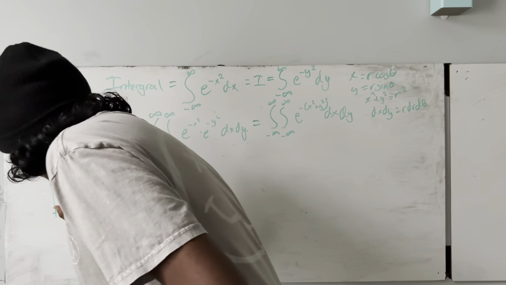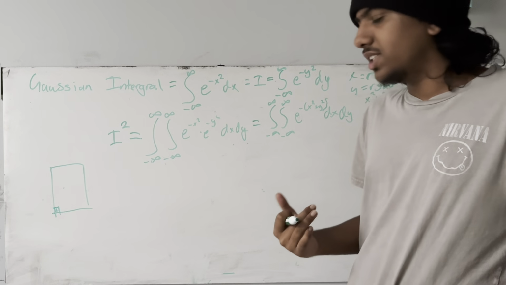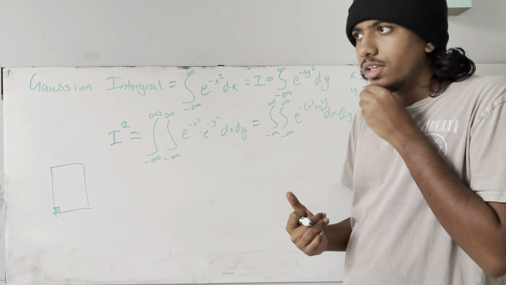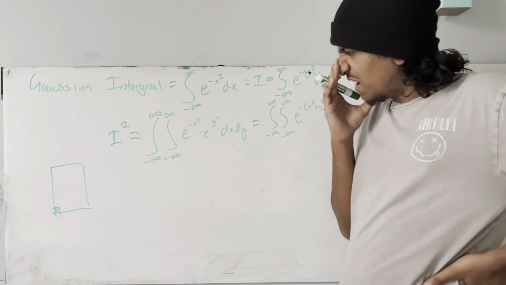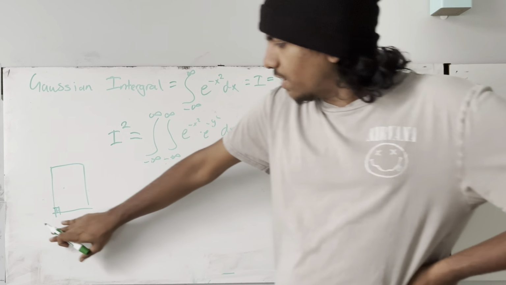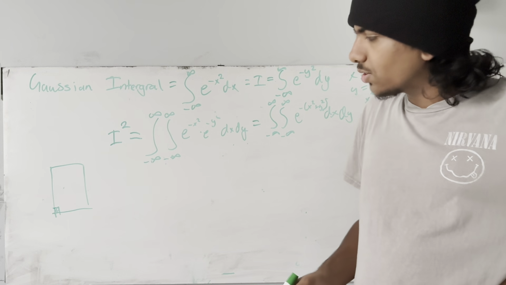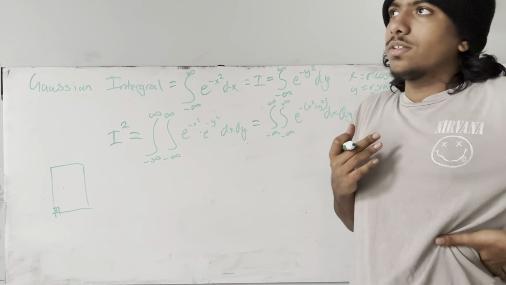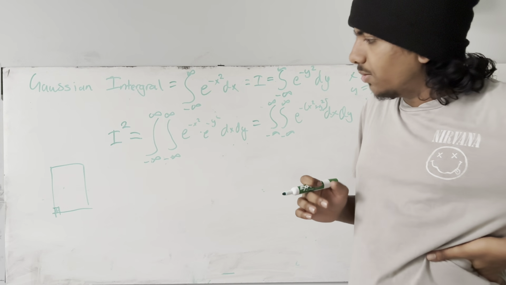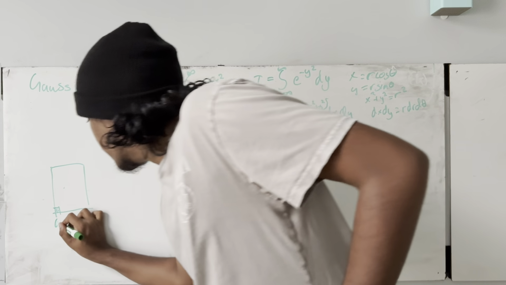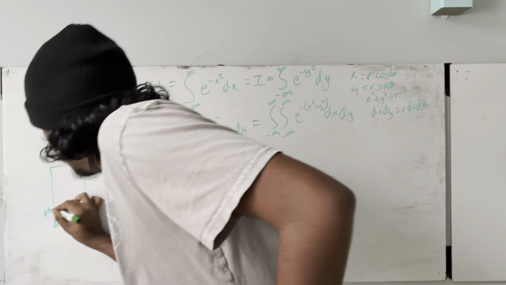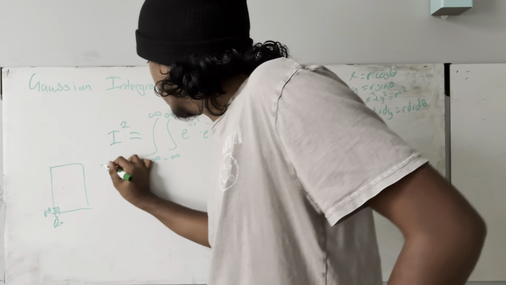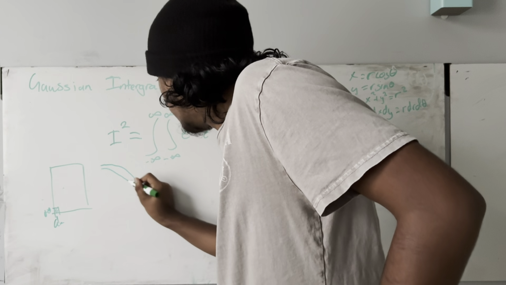So this little box over here, that's dx dy. If I want to find the area of this little box in polar coordinates, well, because this is dx dy, maybe if I cut this into sectors, right?